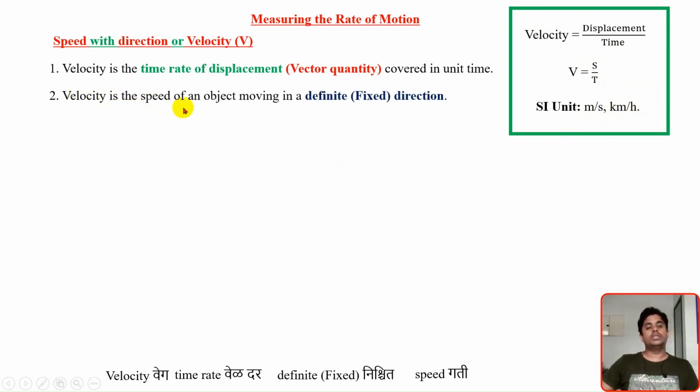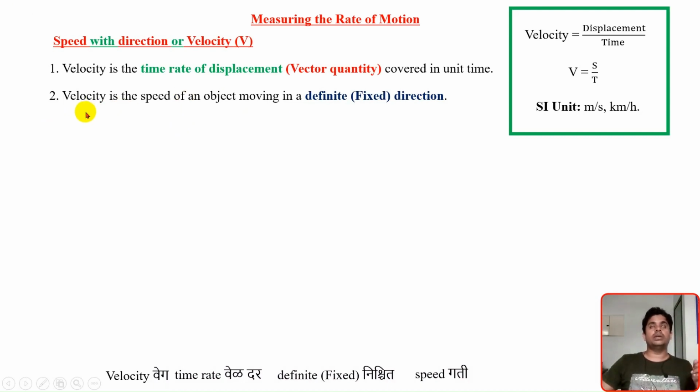Now, velocity is the speed of an object moving in a definite or fixed direction. Velocity is nothing but the speed of the object, but that speed has a certain or fixed direction. When the speed is along with a definite direction, then we can call that speed a velocity.